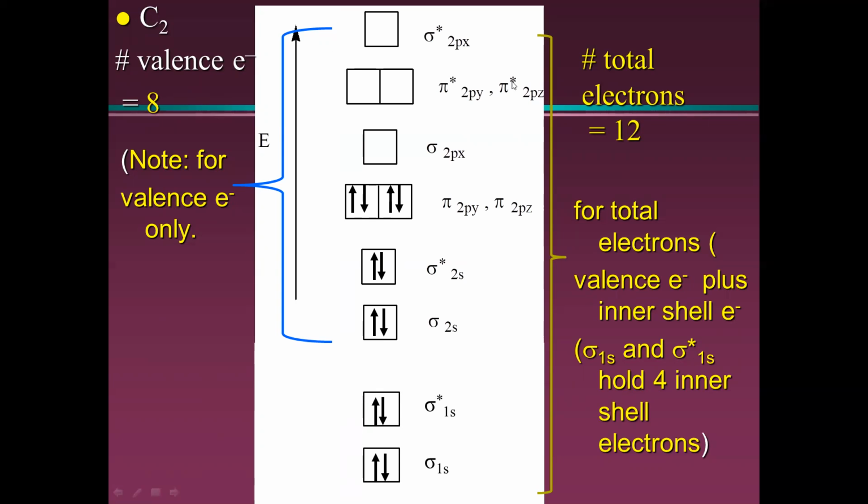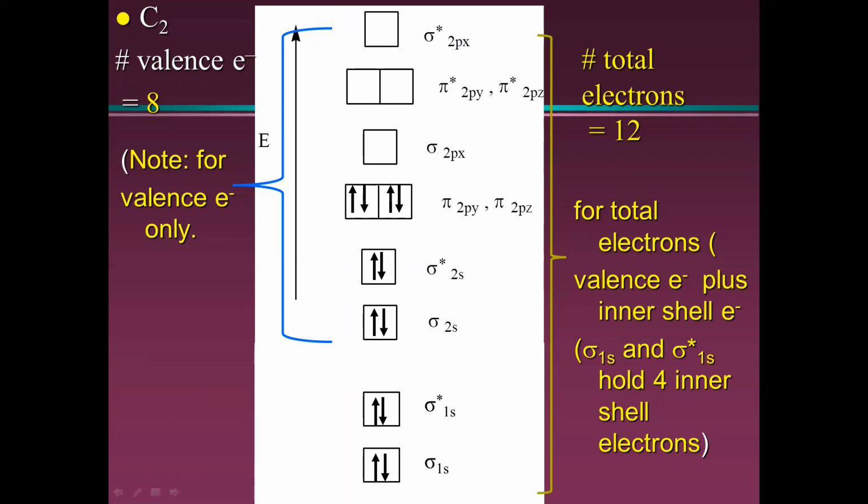And if you talk about the total electrons, then you have to fill the electrons starting from here, because you should work on the inner shell orbitals too. You will end up with the same configuration of electrons here.